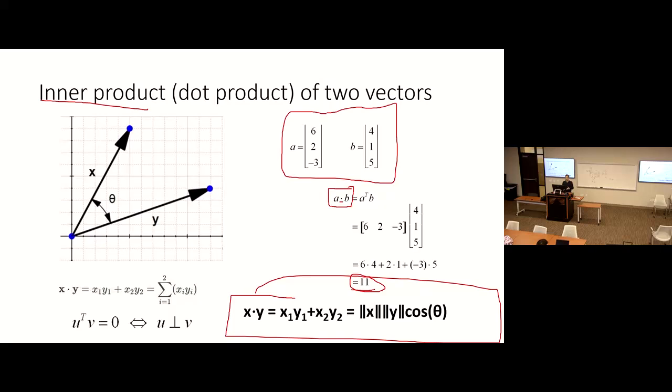The geometric meaning of this single value is the length of vector x, how long this part is, times how long this part is, because lengths are just scalar values, right? So the multiplication of these two will still be a single value. And then times the cosine of the angle between these two vectors. All right? So all you need to know right now is the dot product or inner product of two vectors is a scalar value.